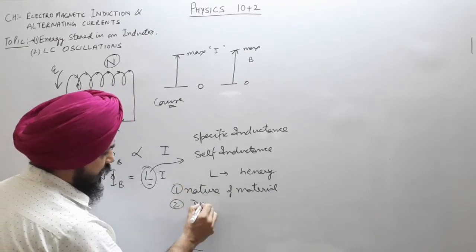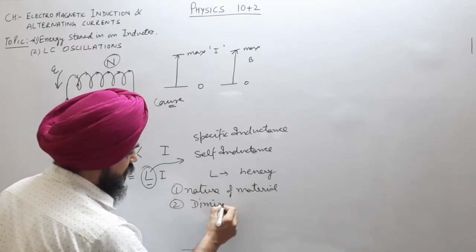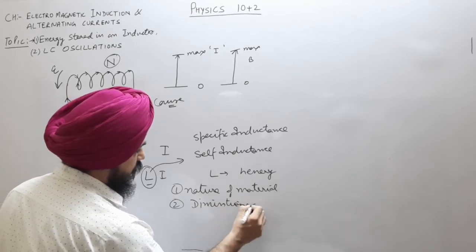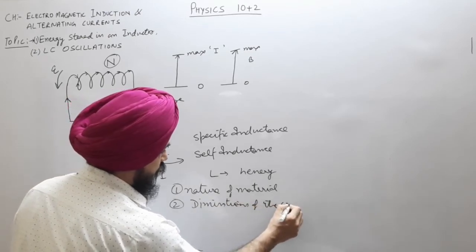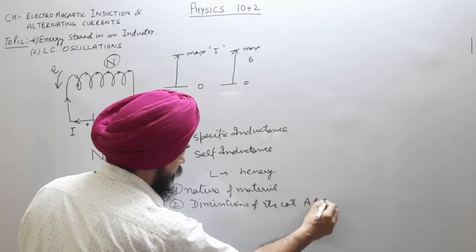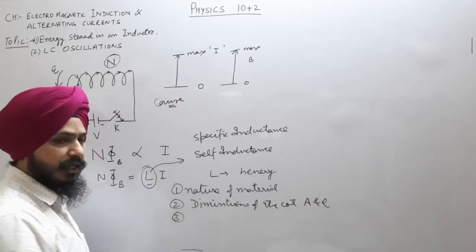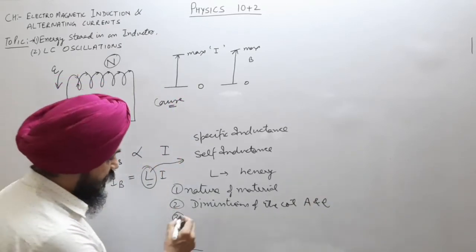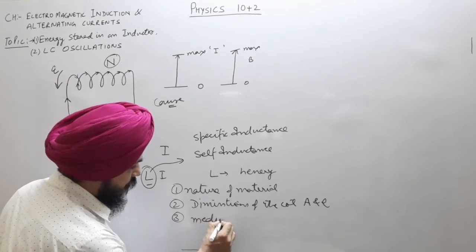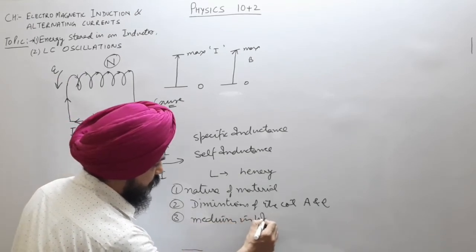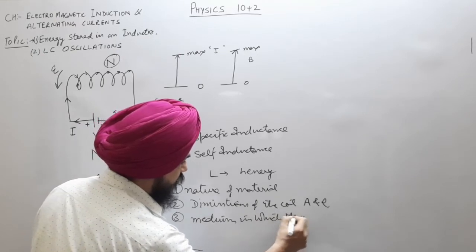Number two, the dimensions of the coil, means its area and length. And number three, and the most important one, is the medium in which this coil is placed.